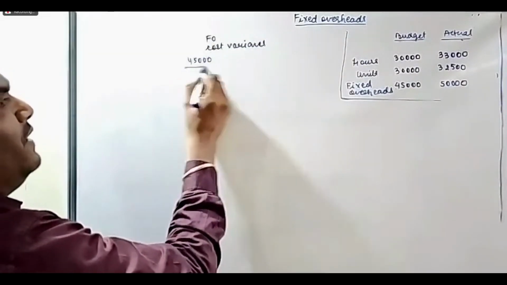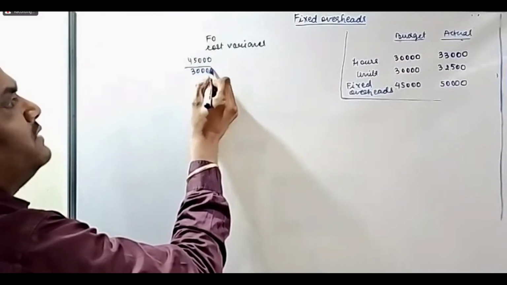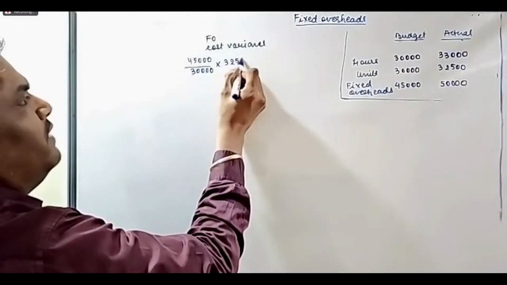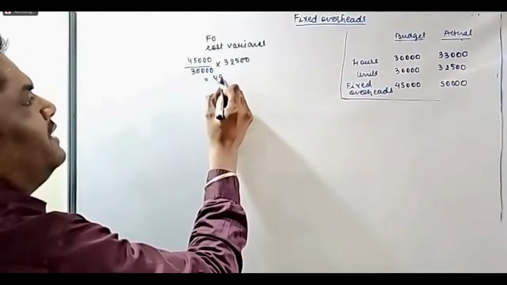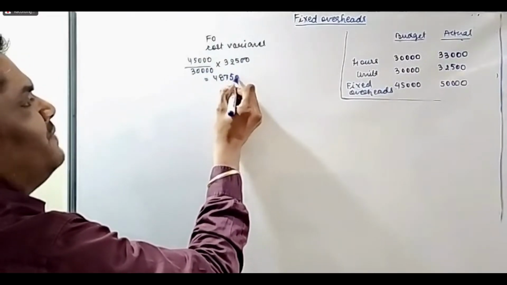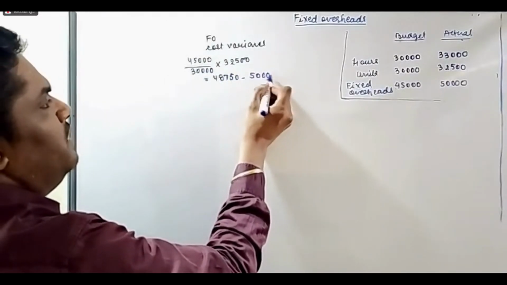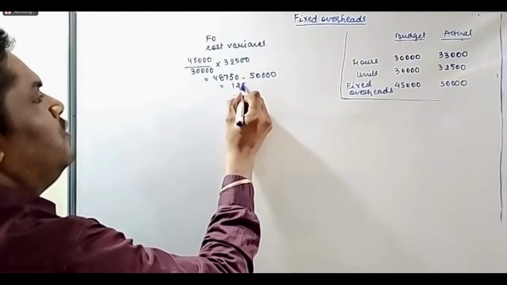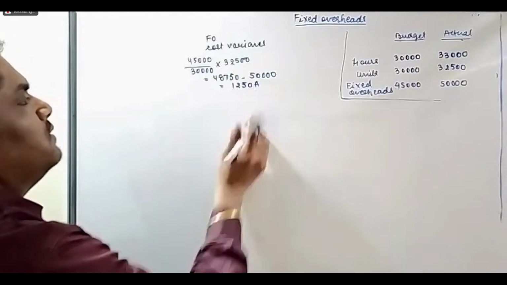That is 45,000 overheads for 30,000 units. So for 32,500 units, how much? 48,750 minus my actual overheads are 50,000. So this will be 1,250 adverse.